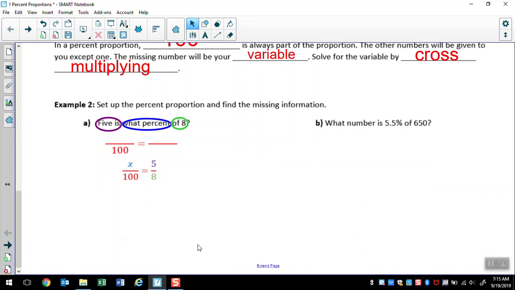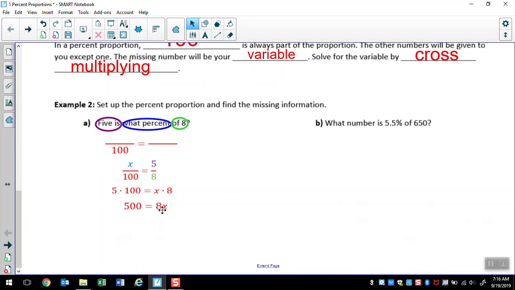All right, so how do we solve this again? Same way as what we did up above. So we're going to multiply our 8 times x and our 5 times 100. It doesn't really matter which order you do them in. Okay, so 5 times 100 equals x times 8. Let's simplify that down a little bit. We have 500 is equal to 8x. Remember, when we actually multiply those together, we put the number out front, so it's a coefficient. All right, now we need to solve for x.